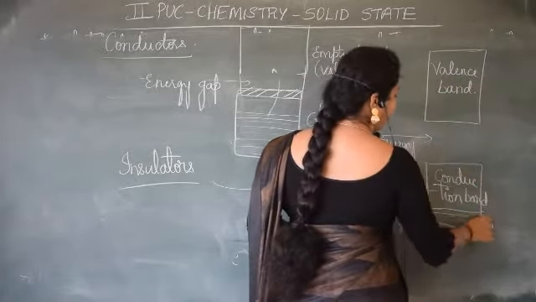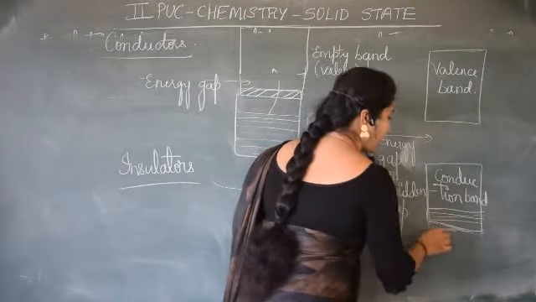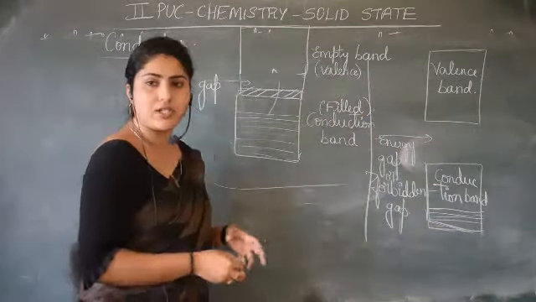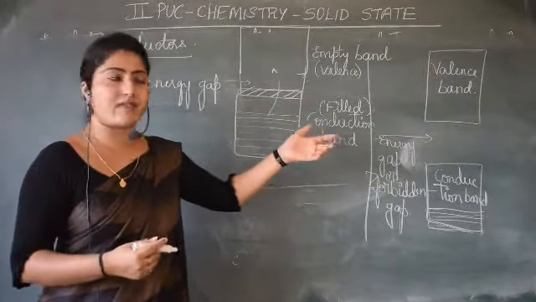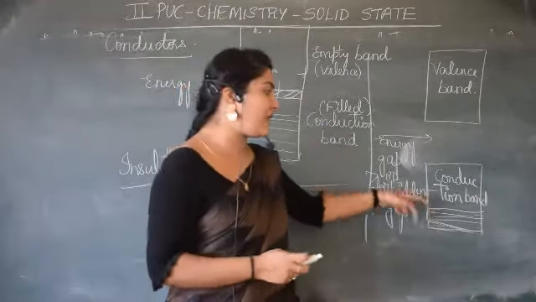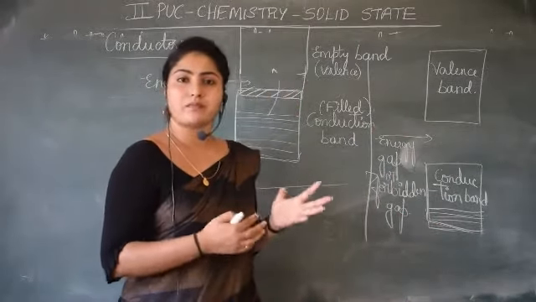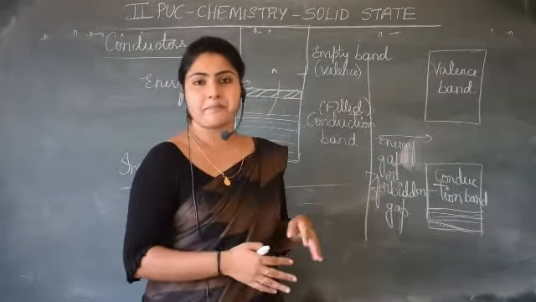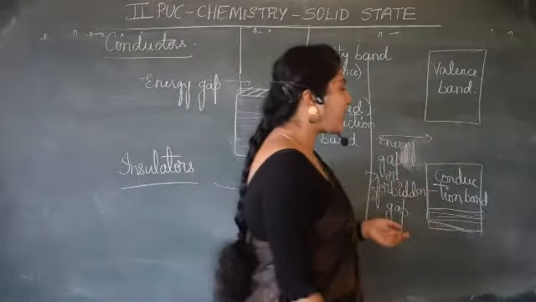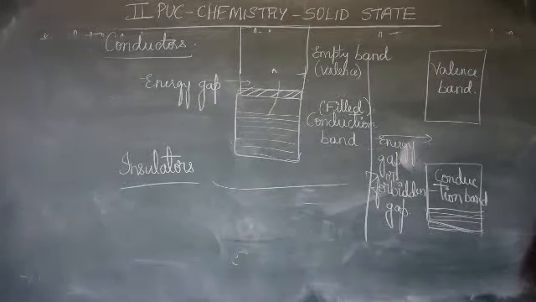In the conduction band, fewer electrons will be present, and because the energy gap is very large, you cannot see the conduction of electricity. That is, the electrons cannot easily jump from one band to the other, and therefore it cannot conduct electricity, or show conduction of electrons easily.